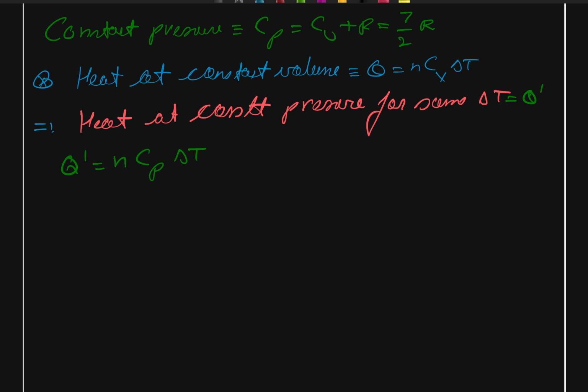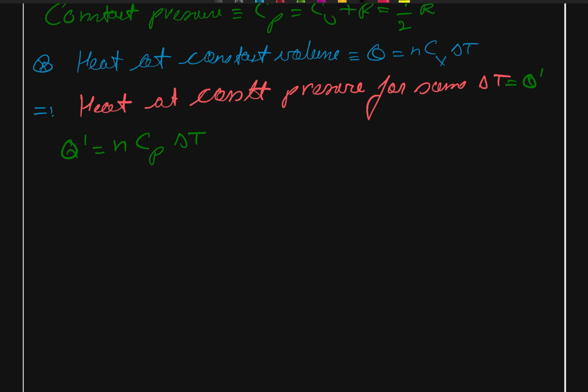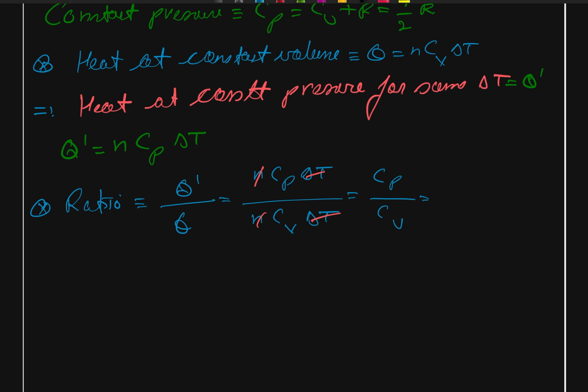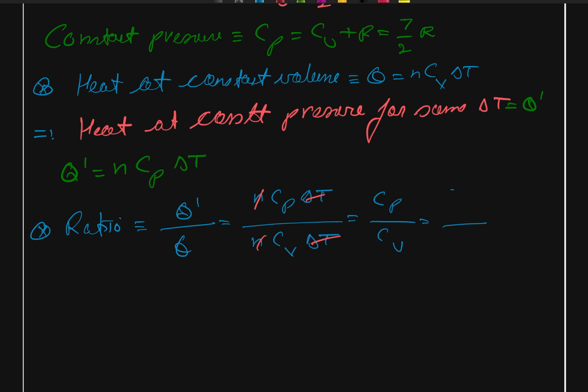So we get our ratio, that is Q prime over Q is equal to n C of P multiplied by delta T, and here we have n C of V multiplied by delta T, and this n delta T cancels out, so this comes as C of P and C of V, and we already know C of P is 7 by 2 times R, and C of V is 5 by 2 times R, and here this R, 2 and 2 cancel out, and this comes as 7 by 2.